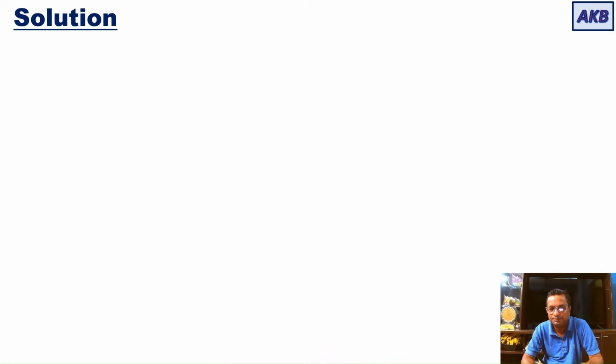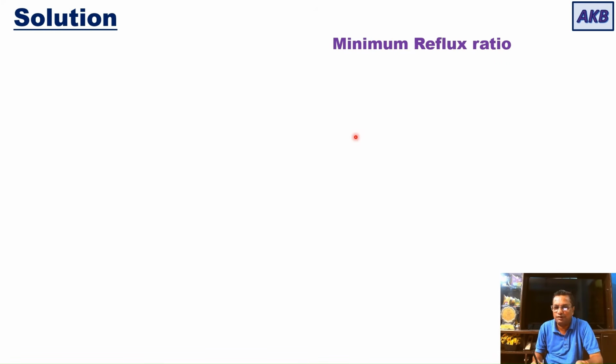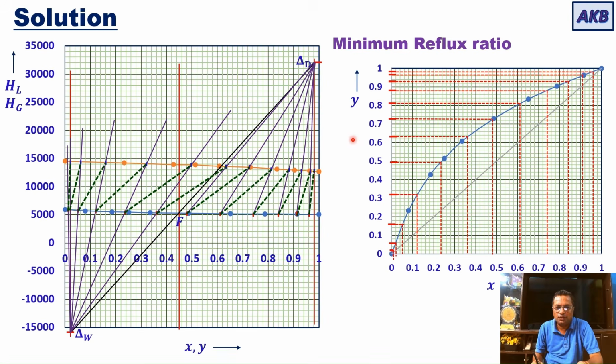Next, let us learn how to find the minimum reflux ratio. For that, again, we will need the enthalpy concentration diagram with the stages and then the distribution diagram.